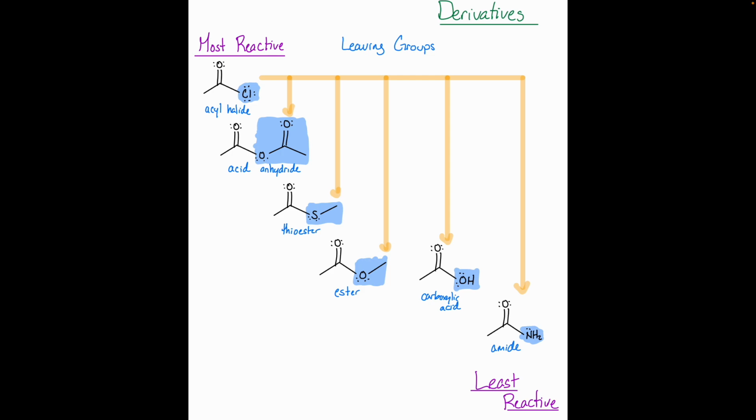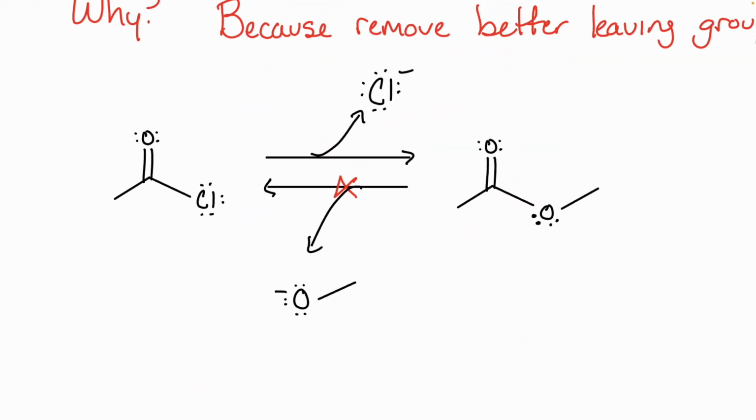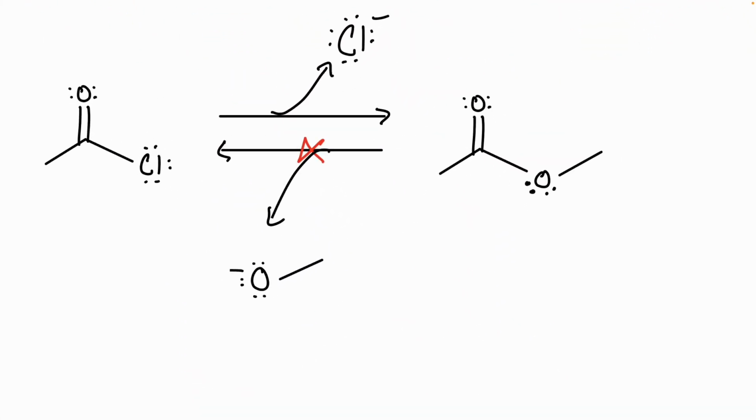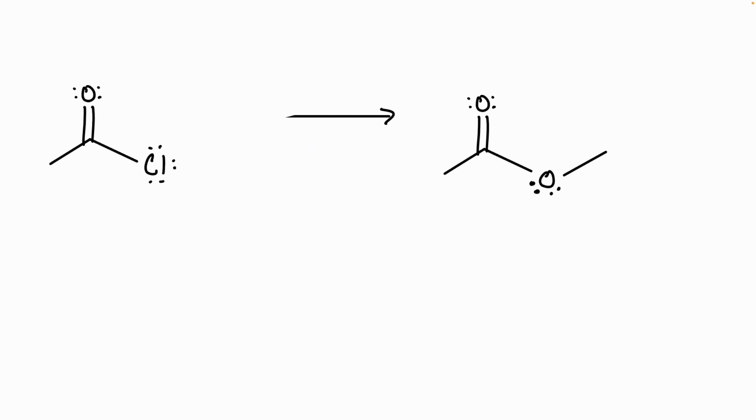Right? So let's just kind of take a zoomed in view. Let's do our previous example here. Our acyl chloride to our ester. How would we do it? Said we can't go in this direction. How do we go in that forward direction?